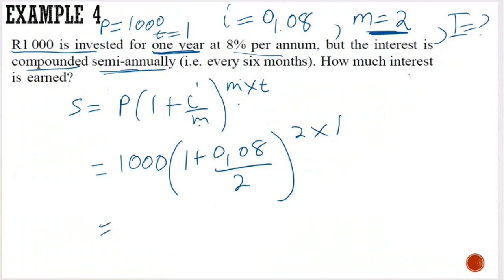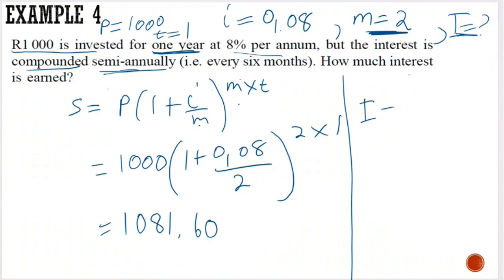So you just plug into your calculator, and then you will get the answer of 1081.60. Remember, you were asked to calculate an interest. You know the formula for an interest.